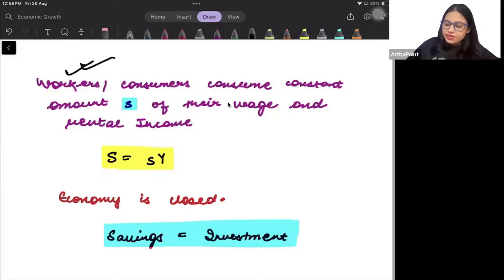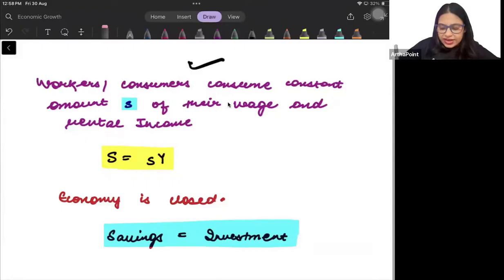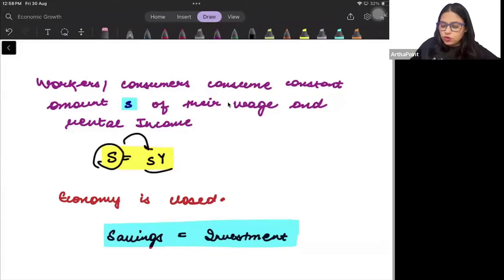So it says that workers save some portion of their income. But I would like to highlight here that in the Solow model, because we are saying that saving is some proportion of the total income, right? ये total income wage income भी हो सकती है और rental income भी हो सकती है. तो हम इसको ऐसे डिफरेंशिएट नहीं करेंगे, हम इसको डिस्टिंग्विश नहीं करेंगे.